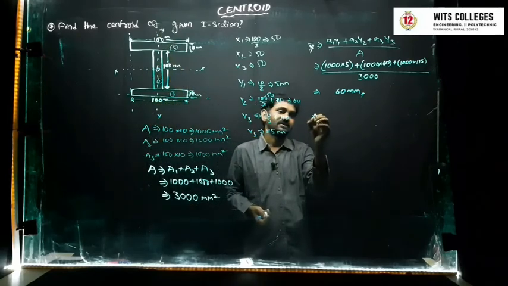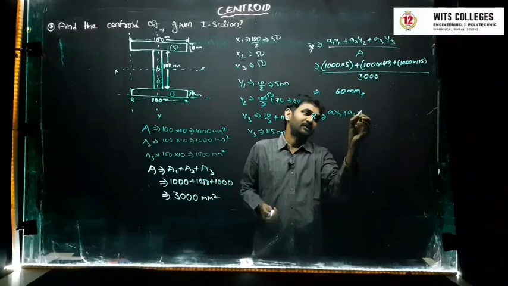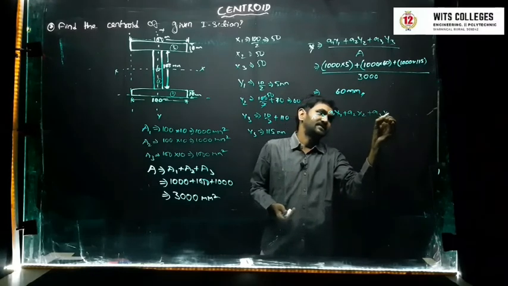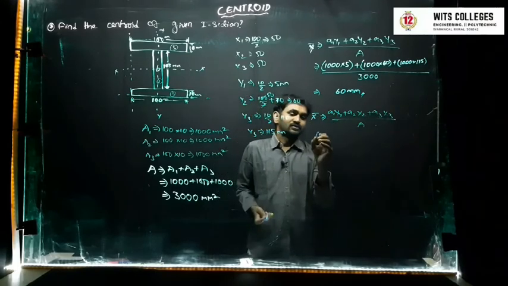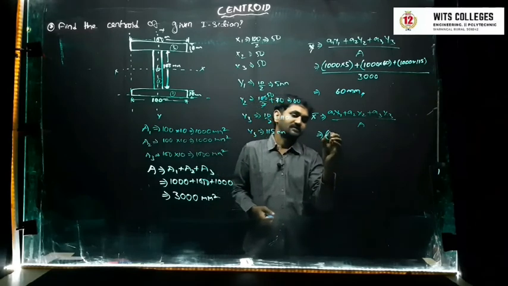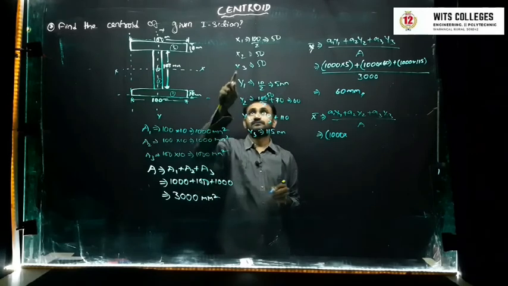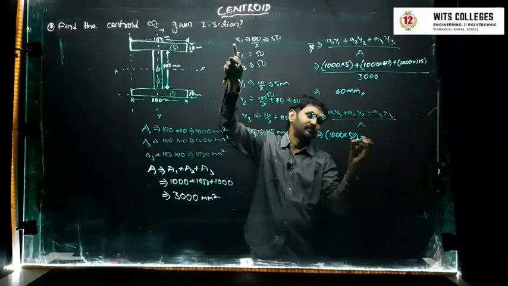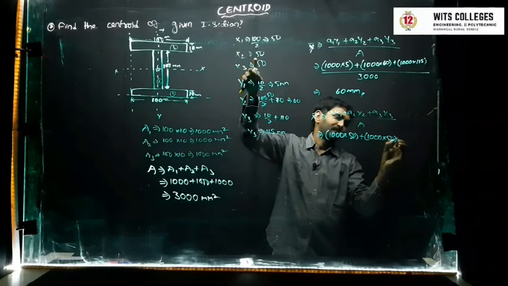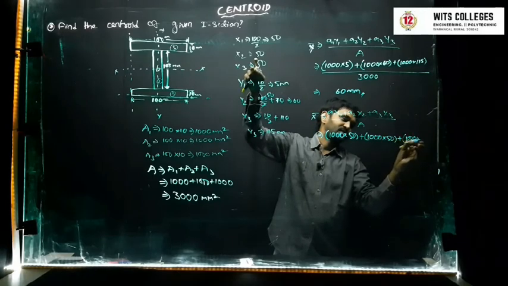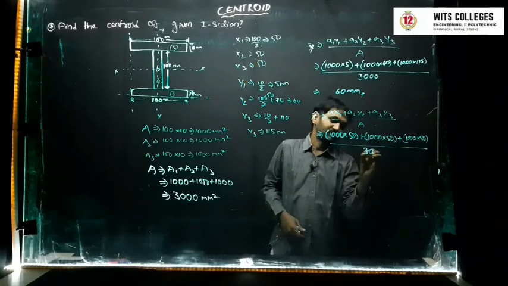X bar equal to A1 x1 plus A2 x2 plus A3 x3 by capital A. So A1 is 1000 into x1, which is 50, plus A2 is 1000 into 50, plus A3 is 1000 into 50, divided by 3000.